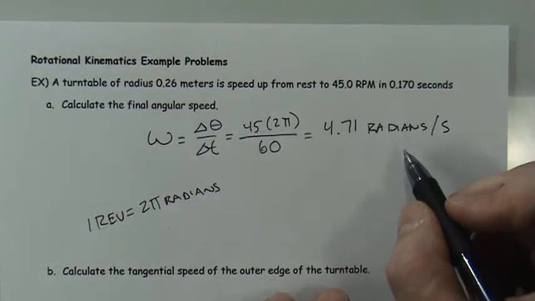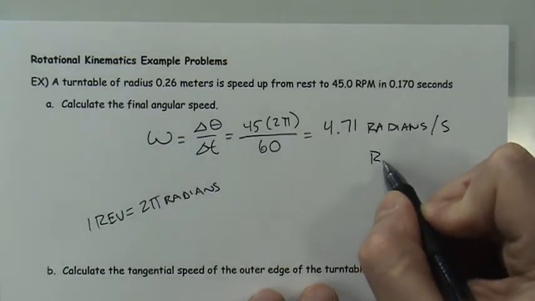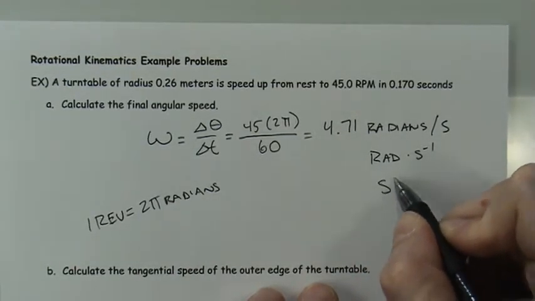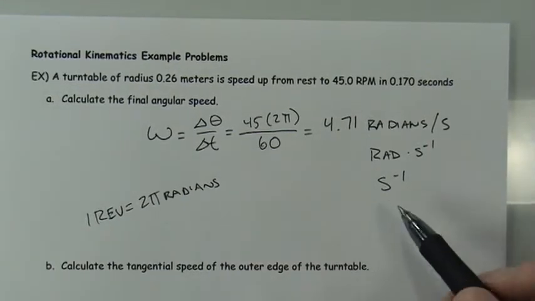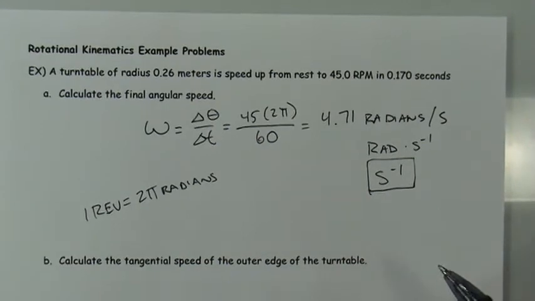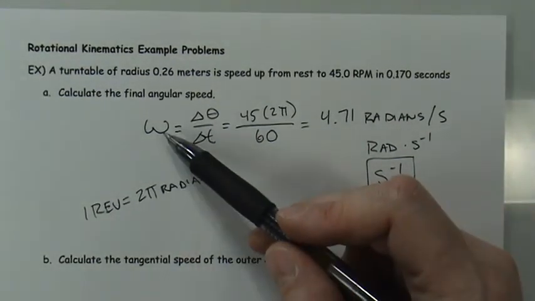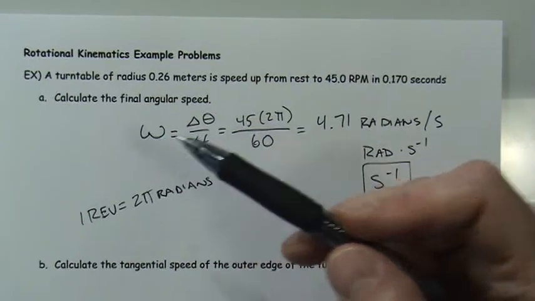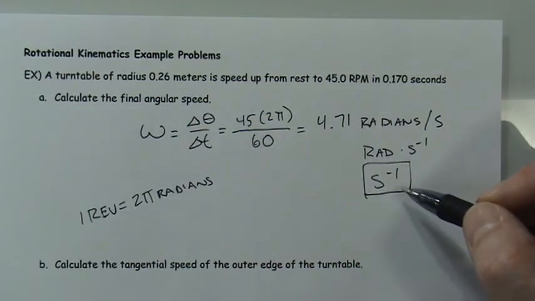So it is not typically considered a unit. You could say radians per second like that, or just inverse seconds. That is typically the way the units are going to be expressed. And for that reason, although this is the angular speed or angular velocity, it's also sometimes called the angular frequency because it does have units that are very similar to the units for frequency.